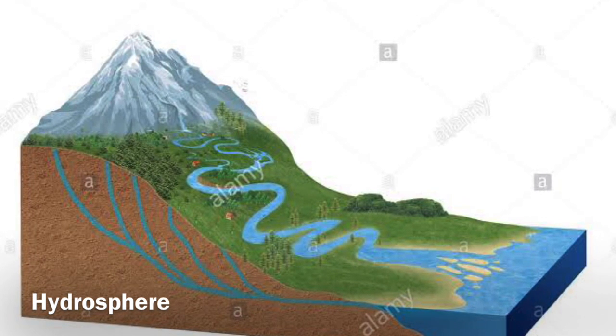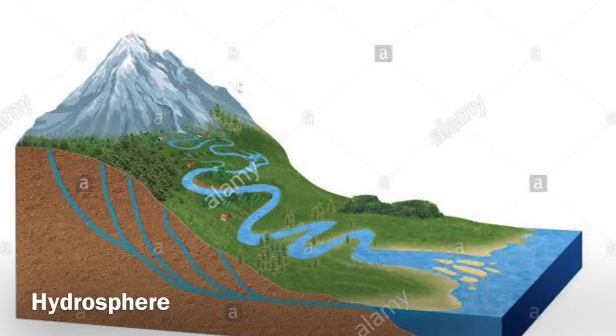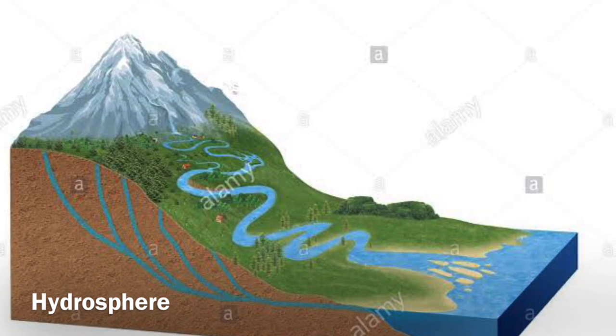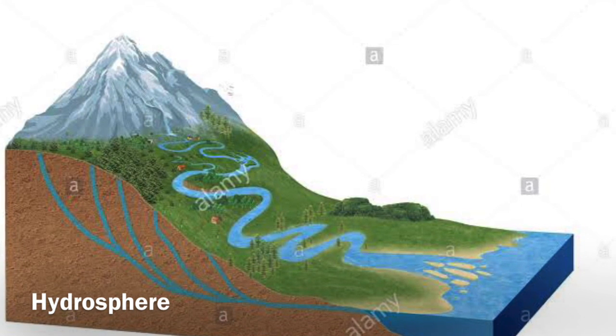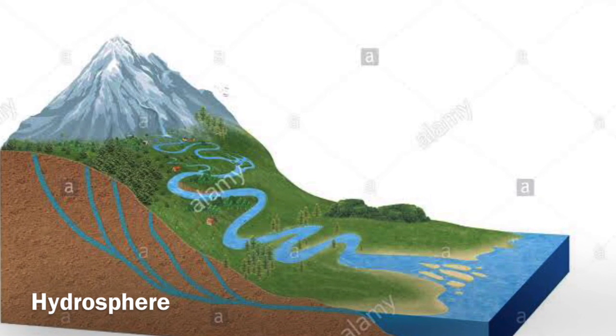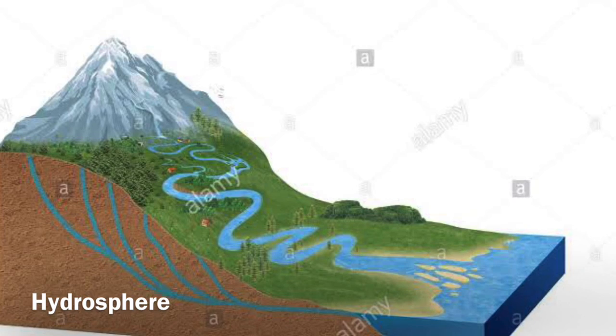Nearly 97% of the water on the earth's surface is covered by ocean. Less than 3% of water is held on land, like glaciers, ice caps, groundwater, etc.